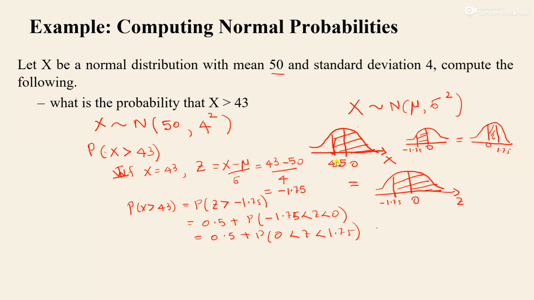Now based on the table, 0.5 plus, from the table we have to look at the 1.7 row and then the 0.05 column. Where this row and column intersect, that will be the probability. That is 0.4599.